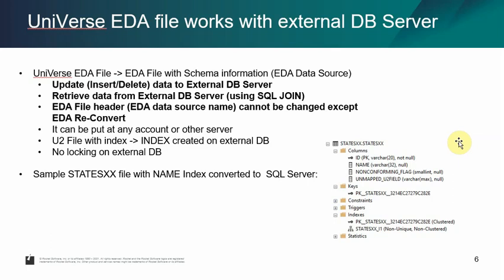In the reverse direction, if you list the EDA file, it actually retrieves the data from the external database. But beware, it can be slow if your schema is very complicated, since it might join many tables and come back to the U2 side.